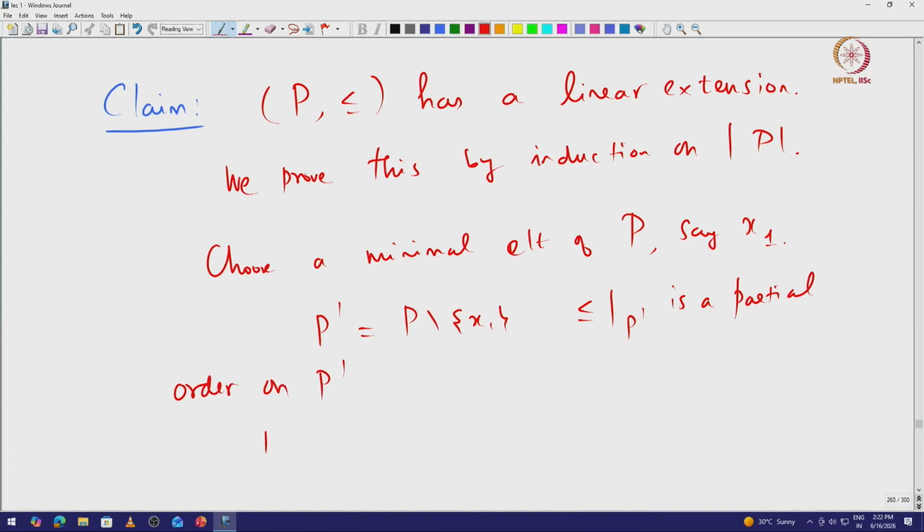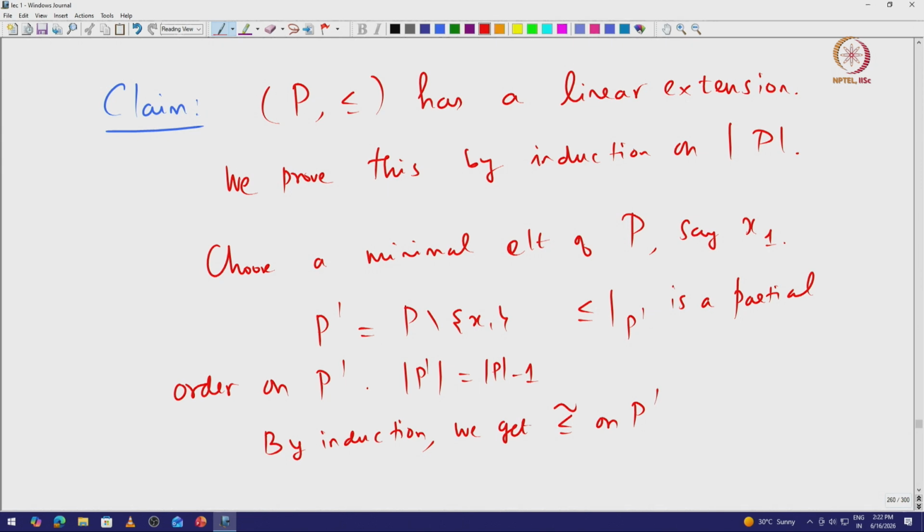By induction, since the cardinality of P prime is exactly the cardinality of P minus 1, we can get a linear order less than or equal to tilde on P prime.